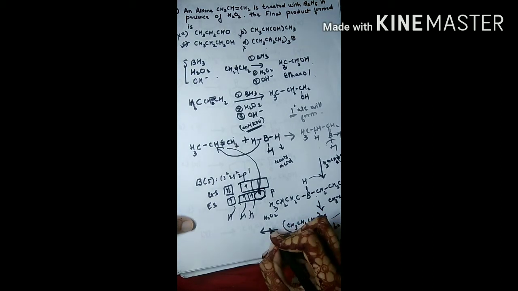Now students, we can write H2O2 like this also. So now we have 3 alkyl groups, so we have to take 3 H2O2 in the presence of, of course, basic medium.